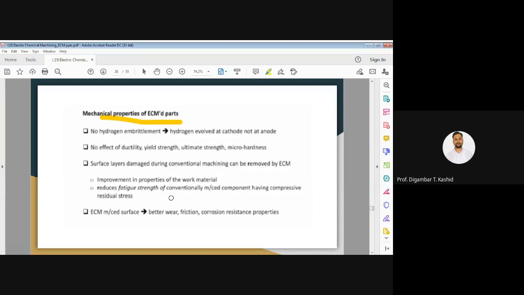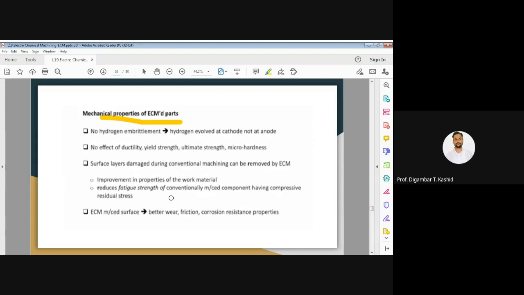In electrochemical machining, no hydrogen bubbles are generated at the workpiece, so there may be a chance of hydrogen embrittlement into the workpiece surface.